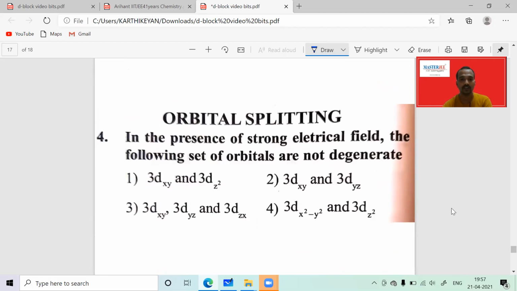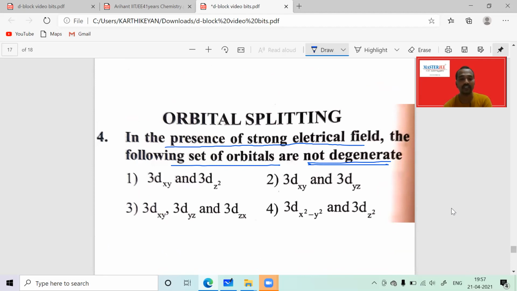Next, orbital splitting. In the presence of a strong electric field, which set of orbitals are not degenerate?